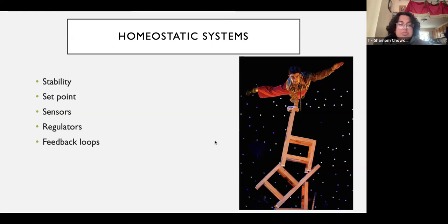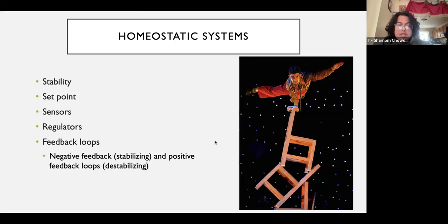Feedback loops are very important parts of human bodies in order to help determine what should happen. Negative feedback loops are stabilizing, positive feedback loops are destabilizing. Negative feedback loops help prevent any extra change from occurring, while positive feedback loops cause extra stimuli and cause the change to multiply essentially.